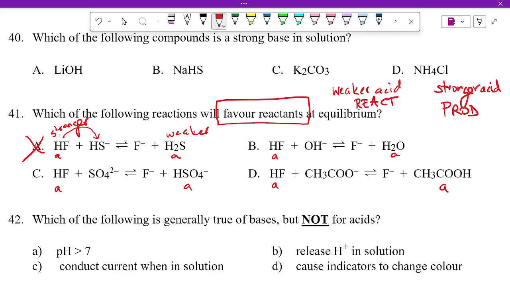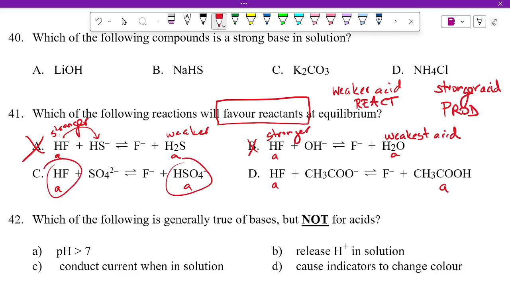Water, I think, is the weakest acid. Let's go look. Yes, it is. So that means HF is stronger. So it's not B. Now we should look up HF and HSO4.